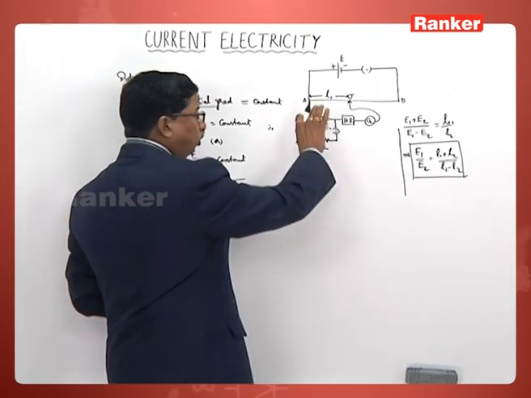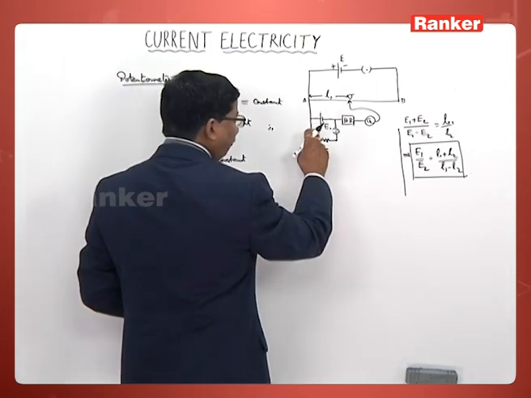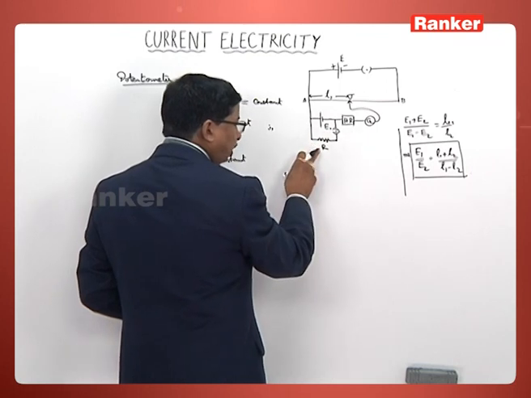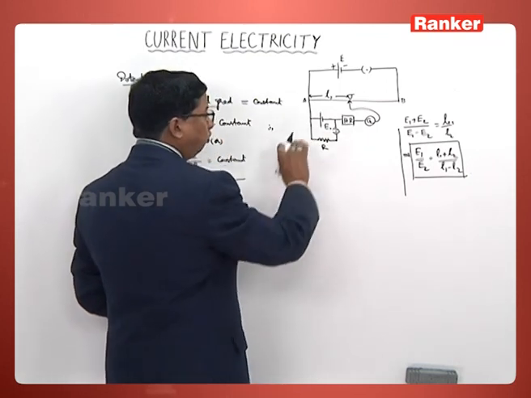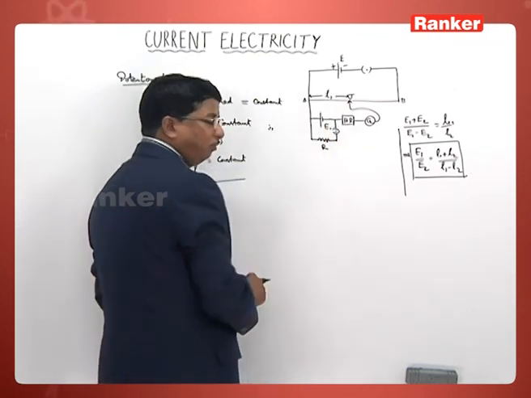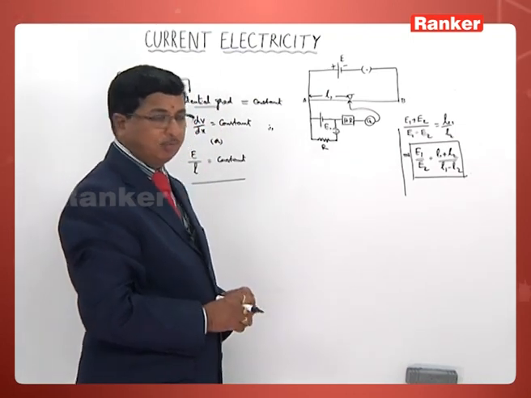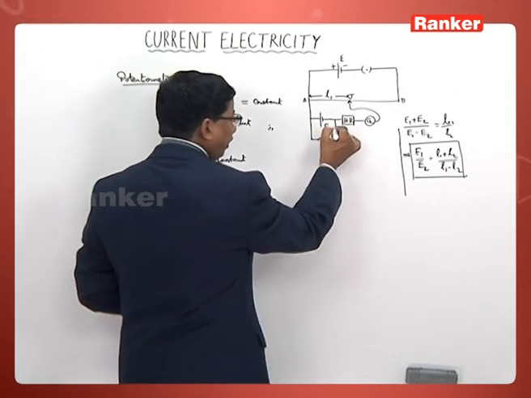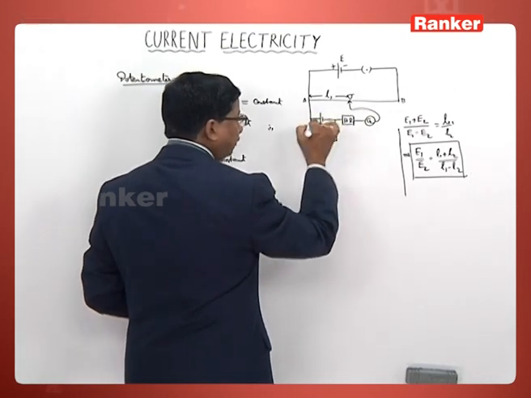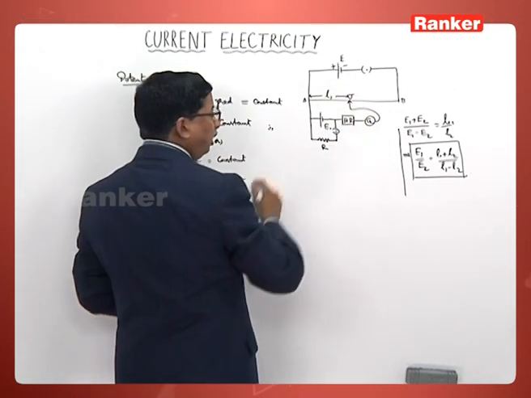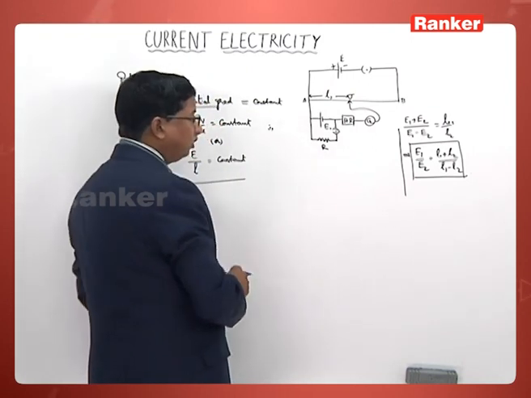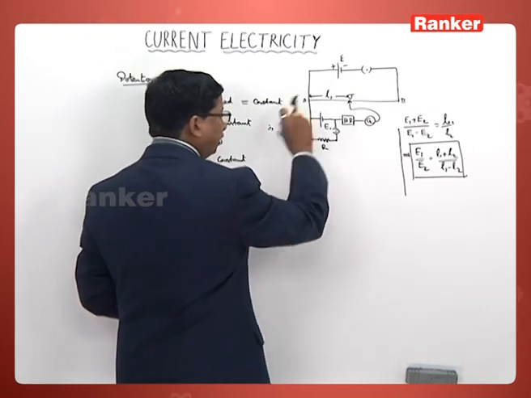Therefore, what we do in this particular case is, without the application of external resistance, we just determine the balancing length that is observed as L1. That means when E1 is connected across the secondary circuit, L1 is the balancing length. That is, without the resistance it is L1.